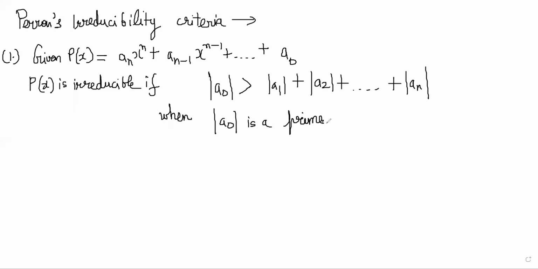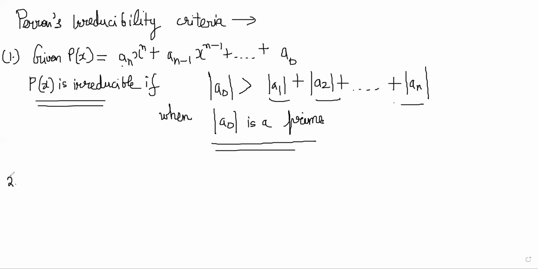So this is the first version of our criteria. It says that if mod of a naught is a prime number and it is bigger than the sum of all other mods in the polynomial, then p of x is irreducible.